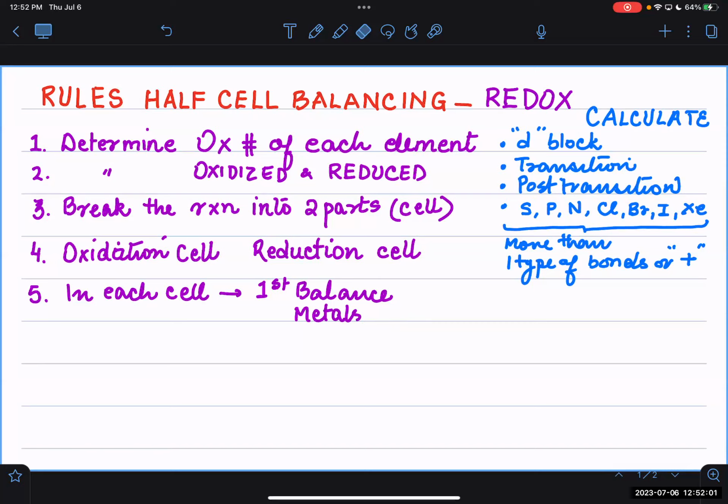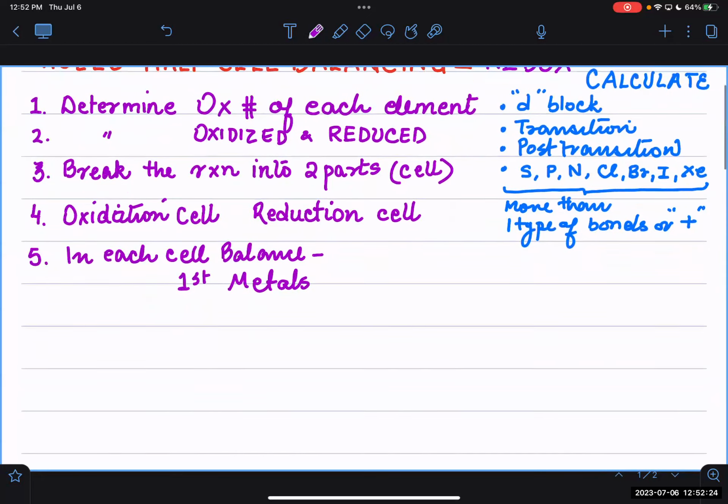So first, balance all the metals. Next, this is very important. In each cell, balance first the metals and cations.